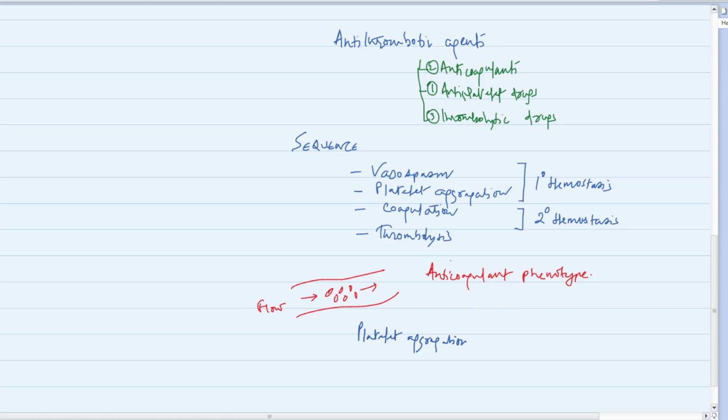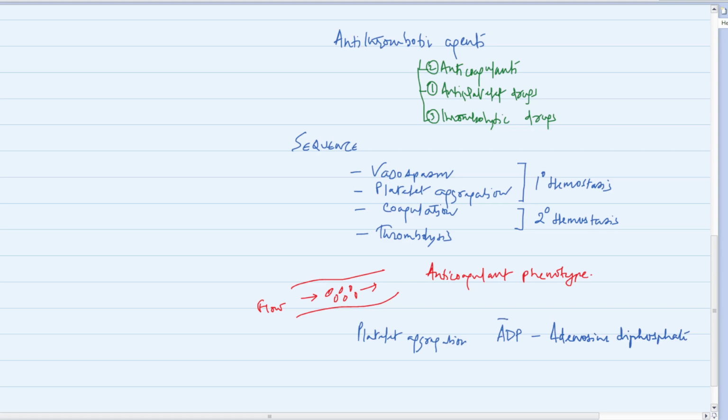One of the most important components that activates the platelets and makes them stick together is something that we call ADP, adenosine diphosphate.